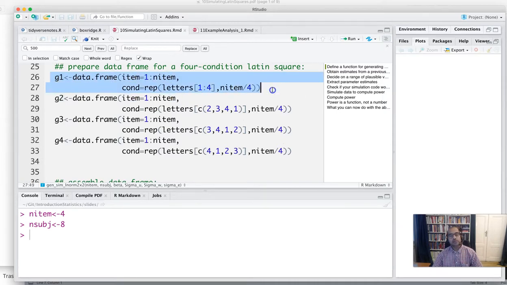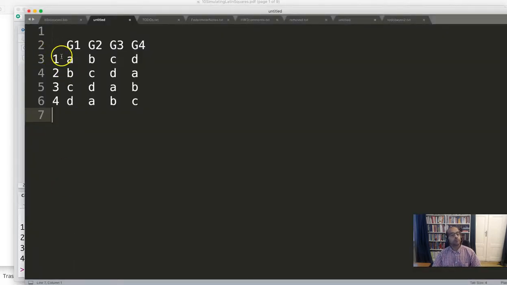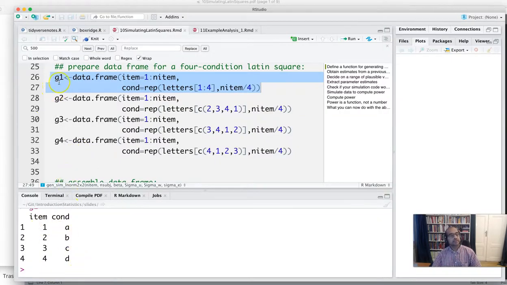If I run this code here, G1, it will generate the group 1 column for me. If you remember what I wrote here, this group 1 column consists of item 1 in condition A, item 2 in B, item 3 in C, and item 4 in D. That's what I've done in this piece of code.